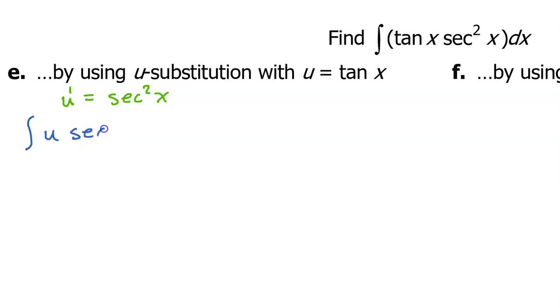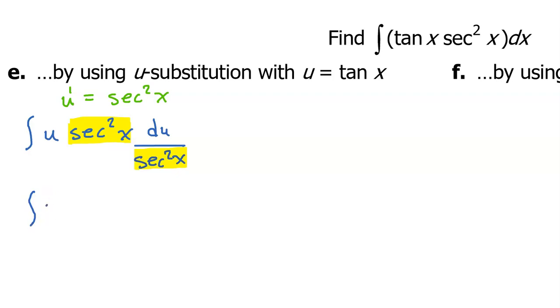So that's u secant squared x. Instead of dx, we will now write du divided by u prime. So divided by secant squared x. Now we notice that we have secant squared in the numerator and the denominator, so these will cancel each other out.